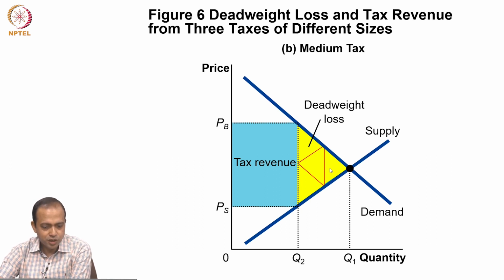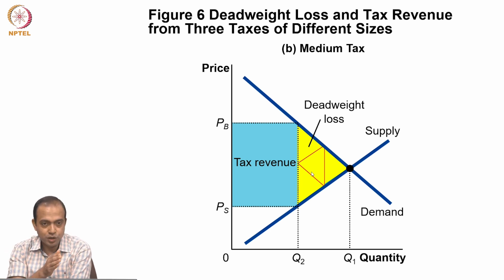quadruple. So, an increase in tax rate by 2 times is increasing the deadweight loss 4 times. That means, we can understand that deadweight loss increases at an increasing rate with the tax rate.